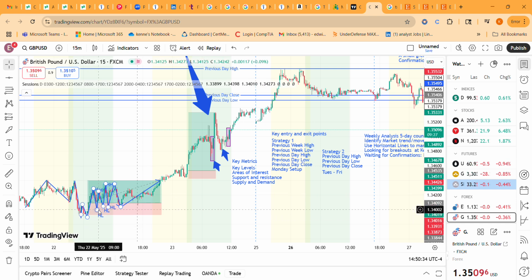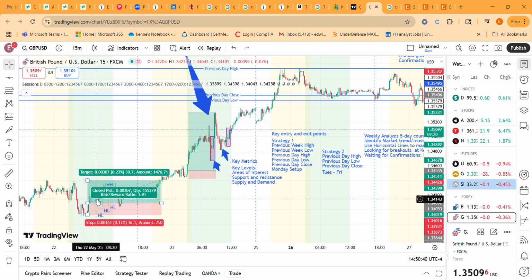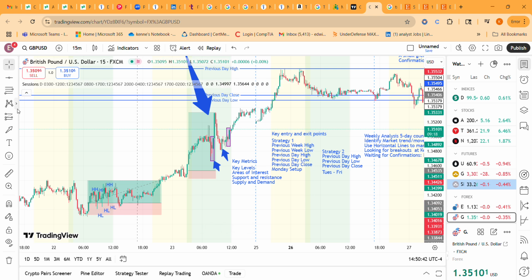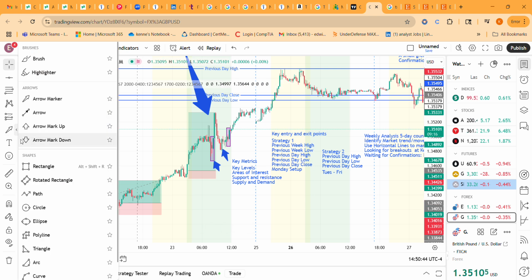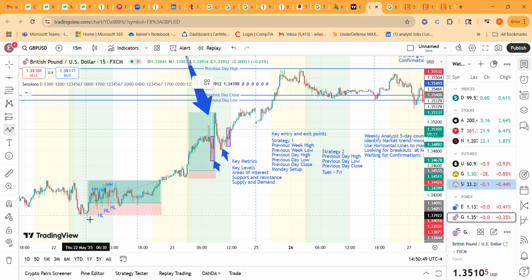If you're plotting your chart, if I take this away, let me just delete this. For example, if you use one of these path brushes here, you could plot the chart and then you see we are following a series of higher highs and higher lows.